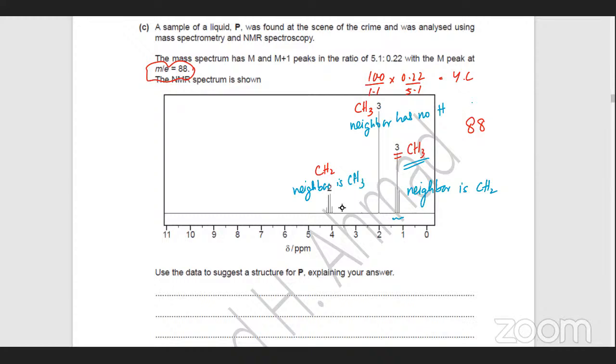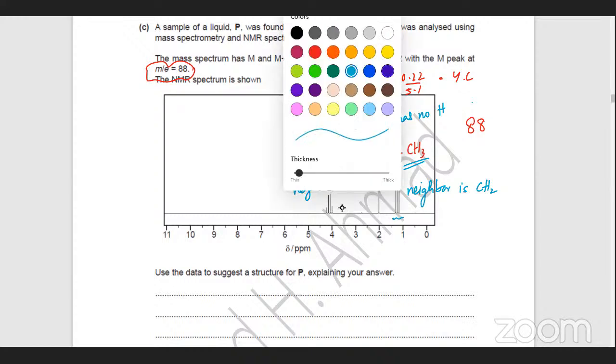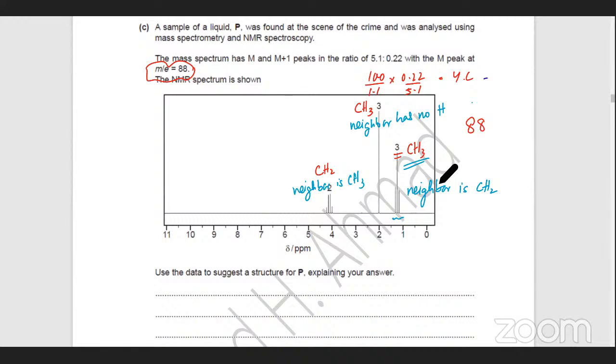Based on this, there's a CH3 next to a CH2, and we're also getting that there's a CH2 next to a CH3. So that pretty much indicates that the CH3 and CH2 are together. One peak suggests there's a CH3 and next door a CH2, and the other peak suggests there's a CH2 and the neighbor is CH3. So they're probably next to each other.